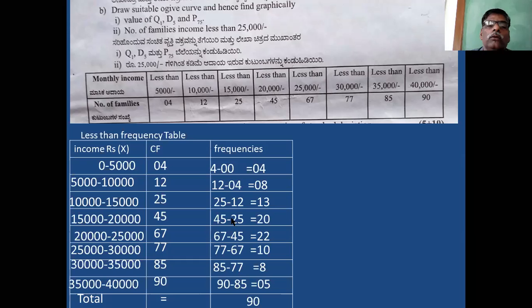Like this, you have to calculate the frequency.